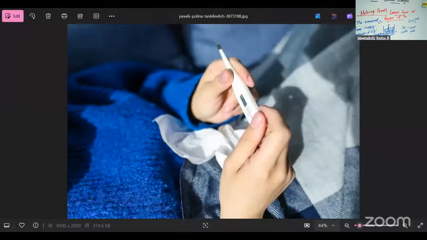So what is this? Thermometer. Just I feel I am not well. My body temperature level is increased. I think I am ill. So I want to go to the doctor, and immediately the doctor checks our body temperature.